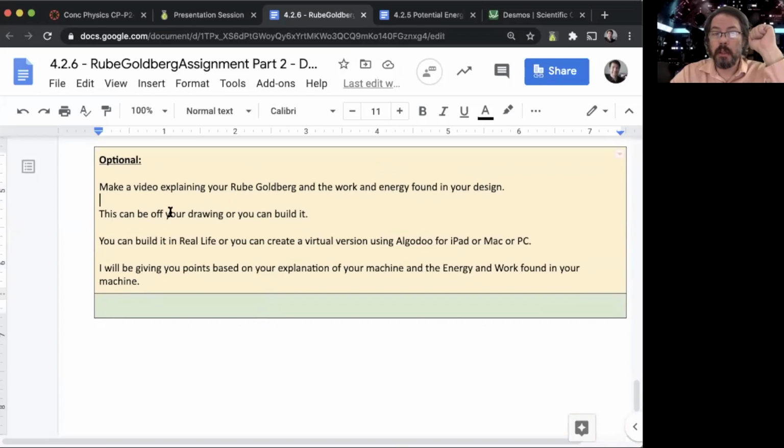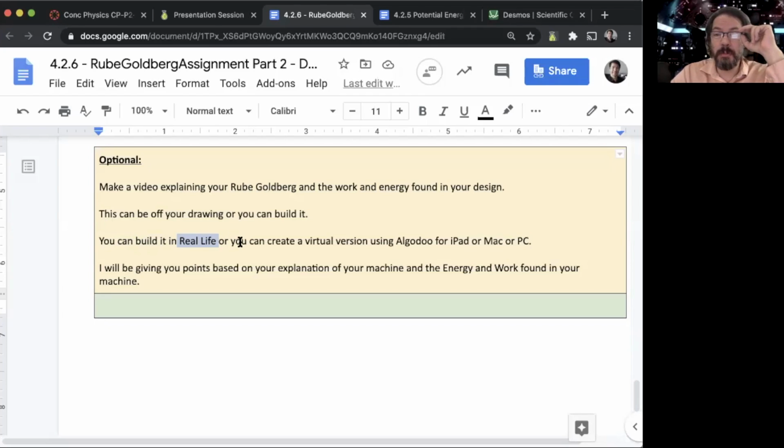If you want to actually build it in real life, I will give you some extra points for actually building it. However, that can be pretty difficult if you're building it in real life. So that might be too much of a challenge. But you might build 2 steps, first and last one, or the last 3 steps, okay?